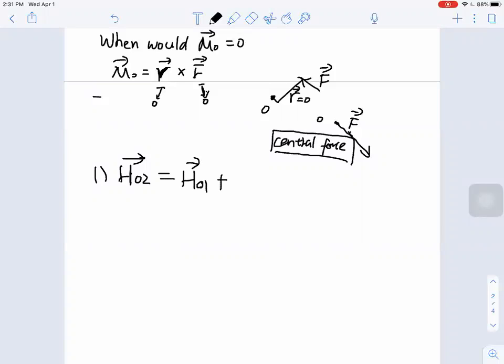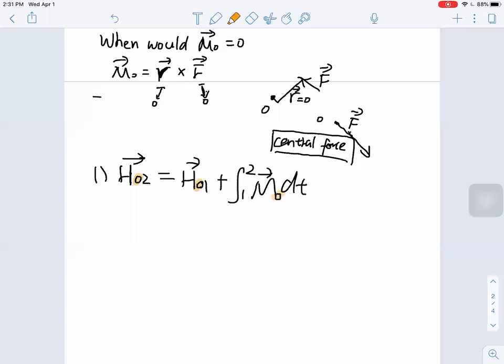H_O2 can be written as equal to H_O1 plus the integral of M_O dt. Make sure you have that O, I'll highlight this. Oops, I'm missing it here. Make sure you have that O here.